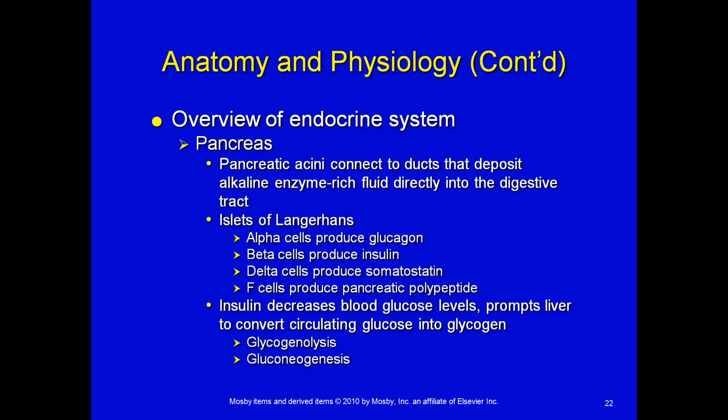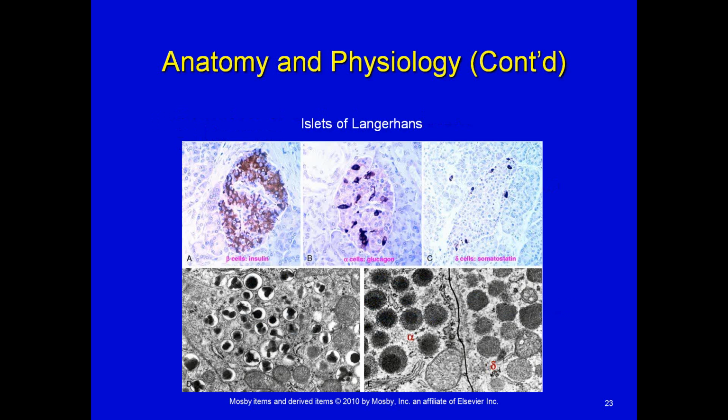And later, when needed, it's glucagon that triggers the liver to release that glycogen back into the bloodstream through a process known as glyconeogenesis. And these are just slides of the alpha cells and the beta cells found inside the pancreas.